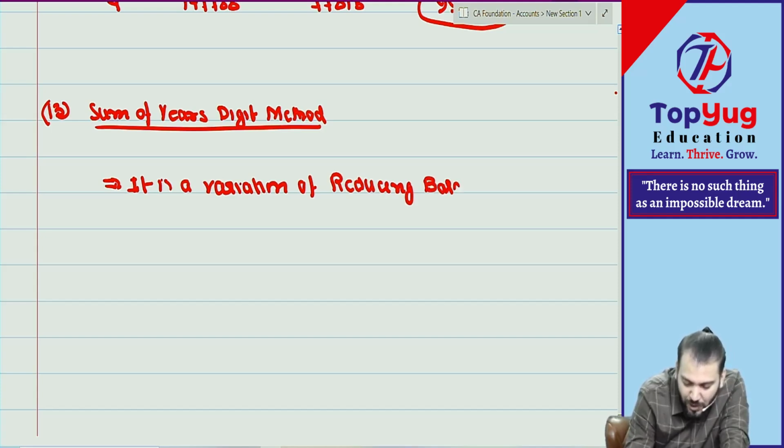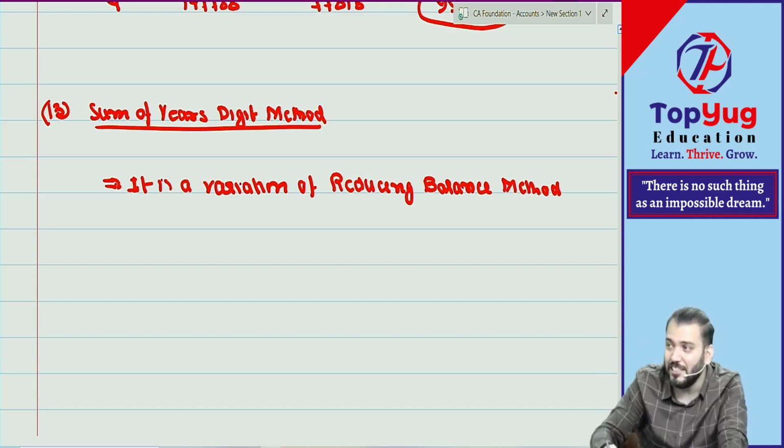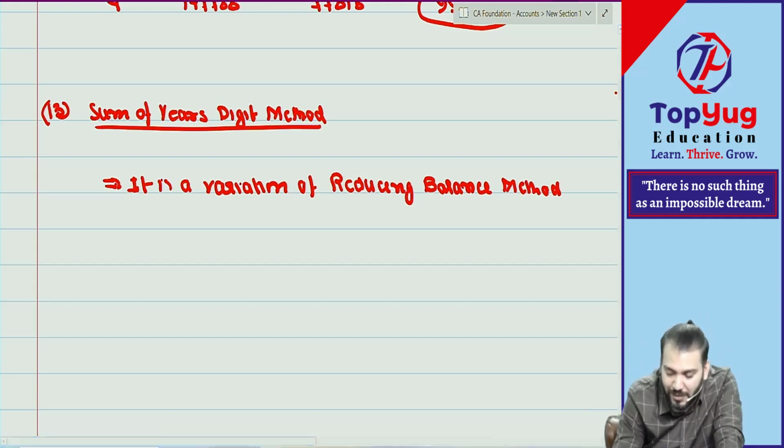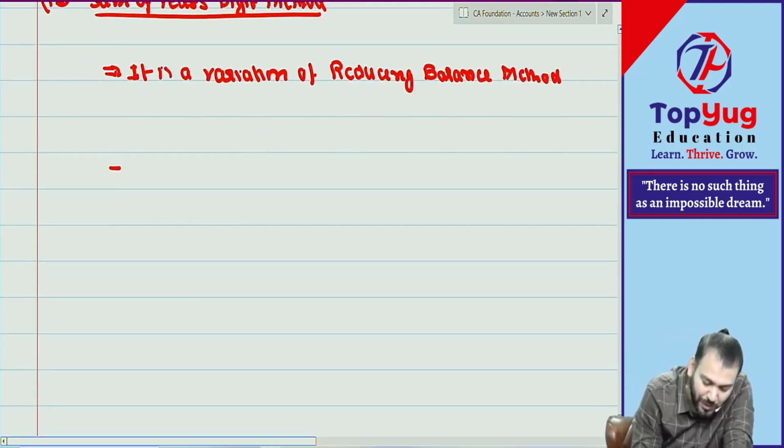Similar to reducing balance method means in this also depreciation will decrease. So what is the formula?